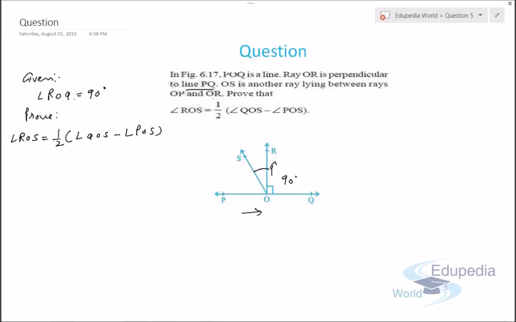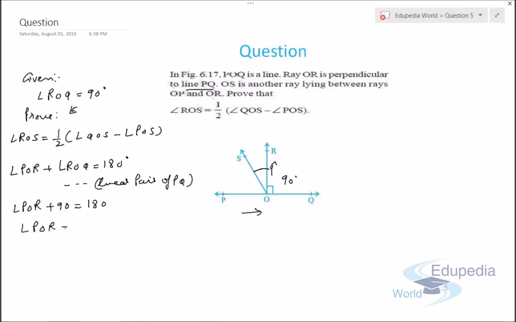Now if angle ROQ is 90 degrees, then we can write that angle POR plus angle ROQ is equal to 180 degrees. Why? Because they lie on a straight line, or we can say it's a linear pair on PQ. So this implies angle POR plus 90 equals 180 degrees. So this means angle POR equals 90 degrees.